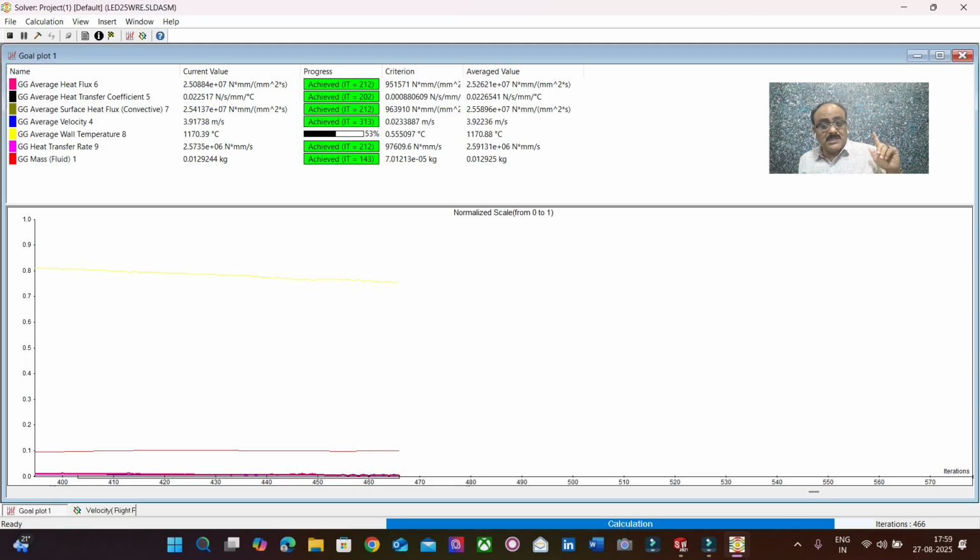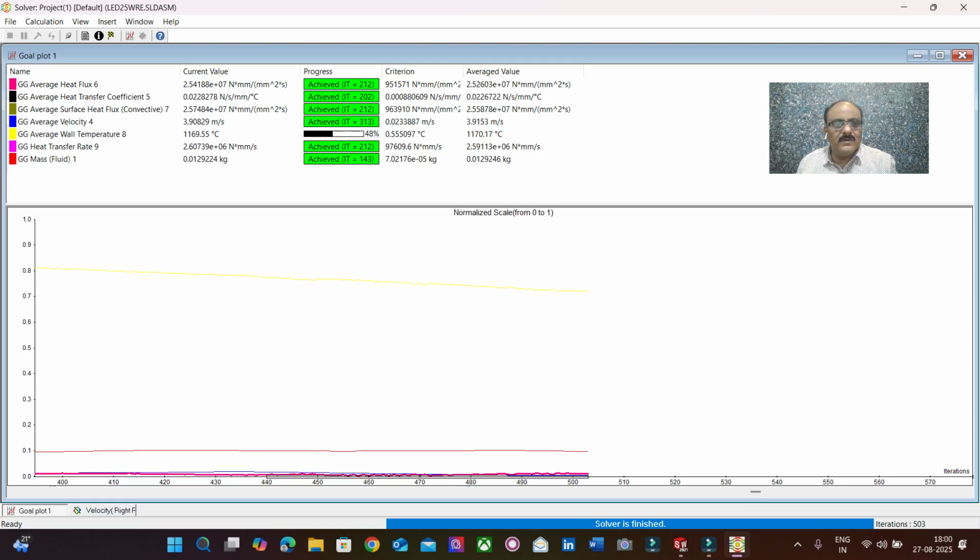We saw it was 1900 Kelvin, and 1900 Kelvin is getting dropped to about 1170. Now let's see how many iterations have passed. Here we know 500 iterations are completed, so the solver has completed solving the process, which means everything has converged and come down.